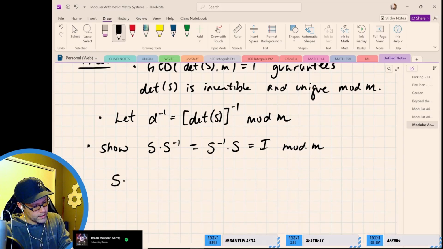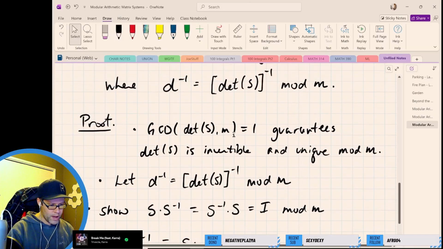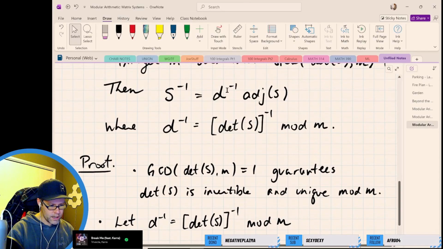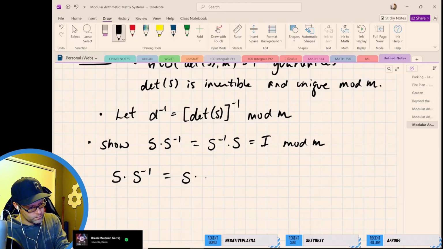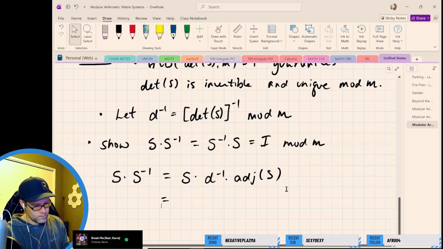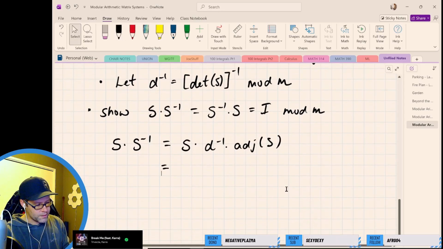So let's take a look at what this multiplication does. Well, this multiplication is S times our candidate for S inverse, which is D inverse times adjoint S. And we have our candidate for D inverse.